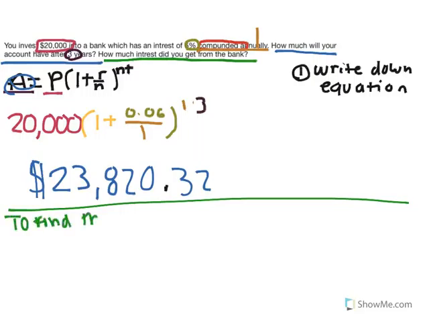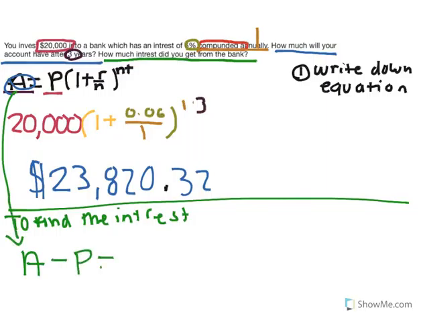To find interest, all you have to do is the A amount from here minus the P amount is equal to the interest paid.